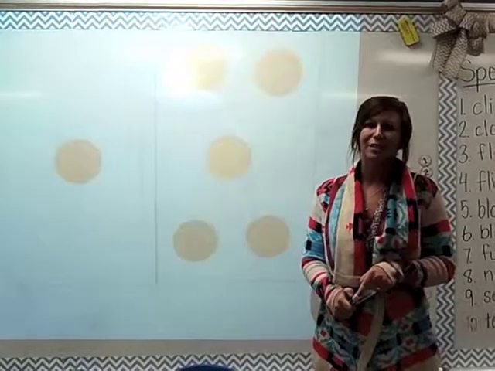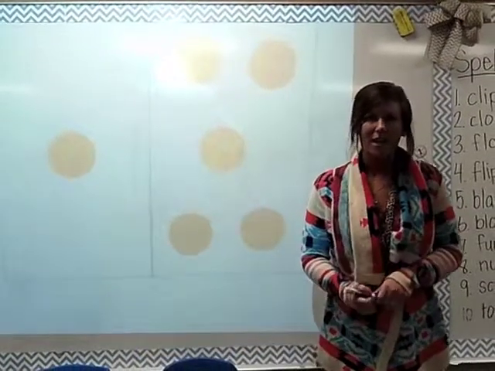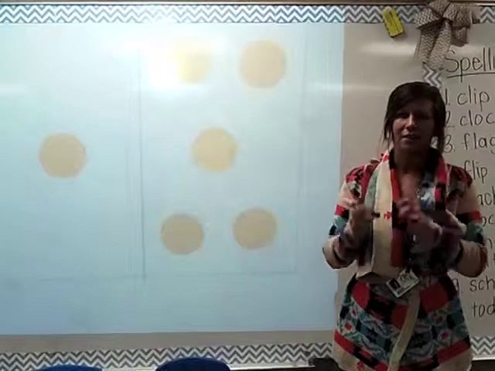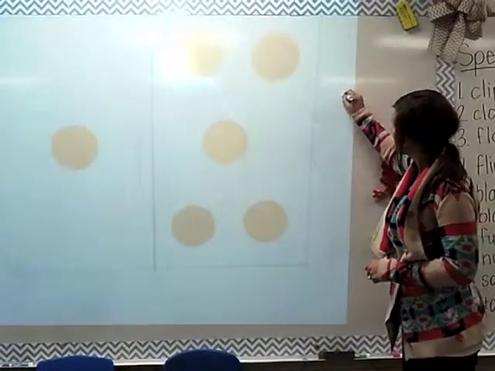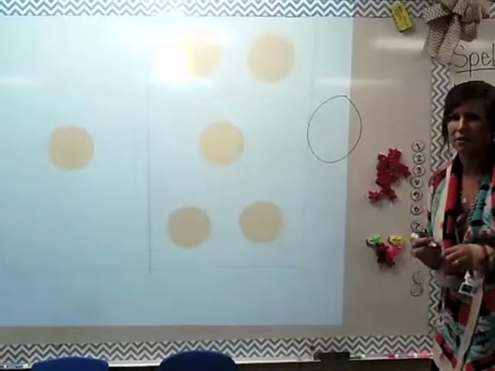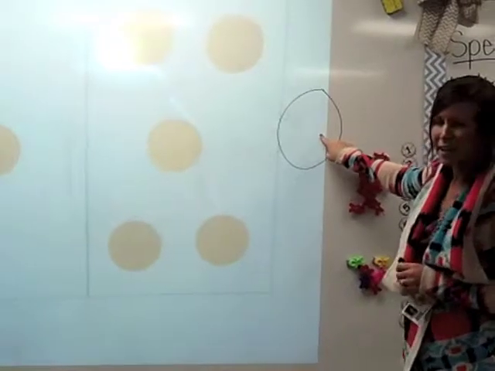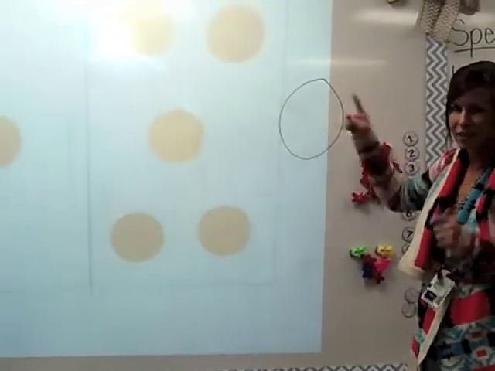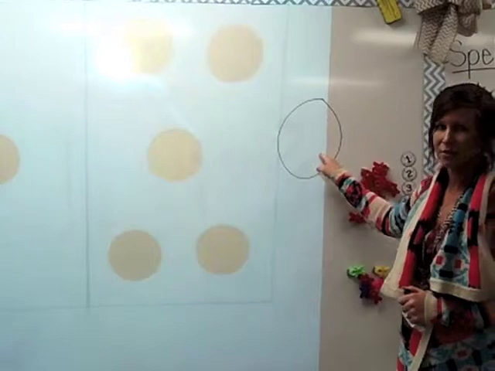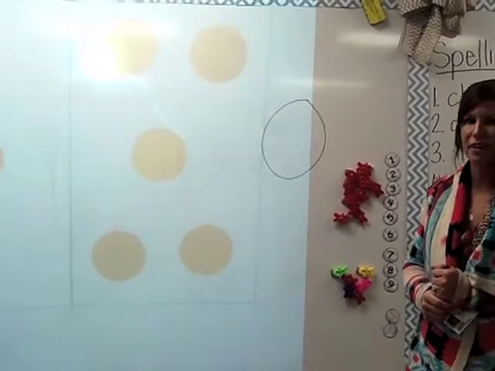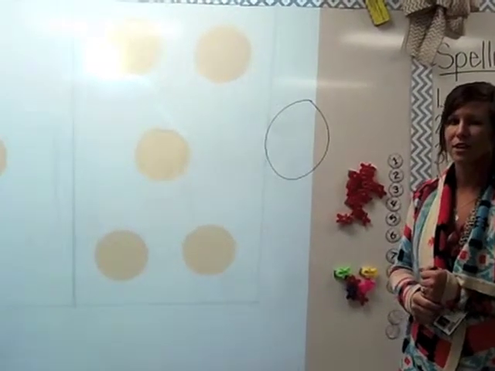How many pencils does Samantha have in all? Now, I want you to think of the answer in your head, and I'm going to draw a circle on the board. And inside this circle, I want you to look at the circle, eyes on the circle right now, and think of the answer. Think of it and stare. And I'm going to count to 3, and we'll see what happens. 1, 2, 3.